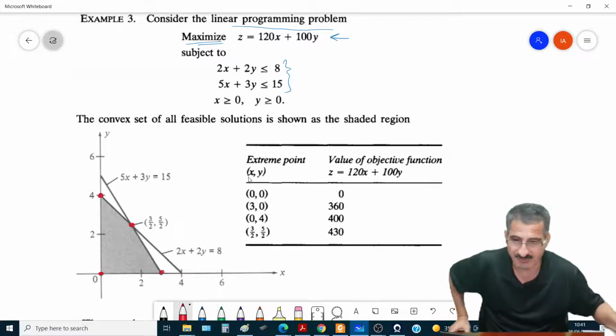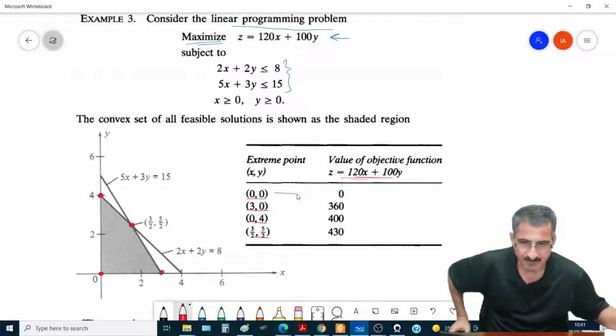We can do it by hand. Now they are here. Now what we do, we plug them into the objective function, and then we get this, and this, and apparently the maximum happens at this point.